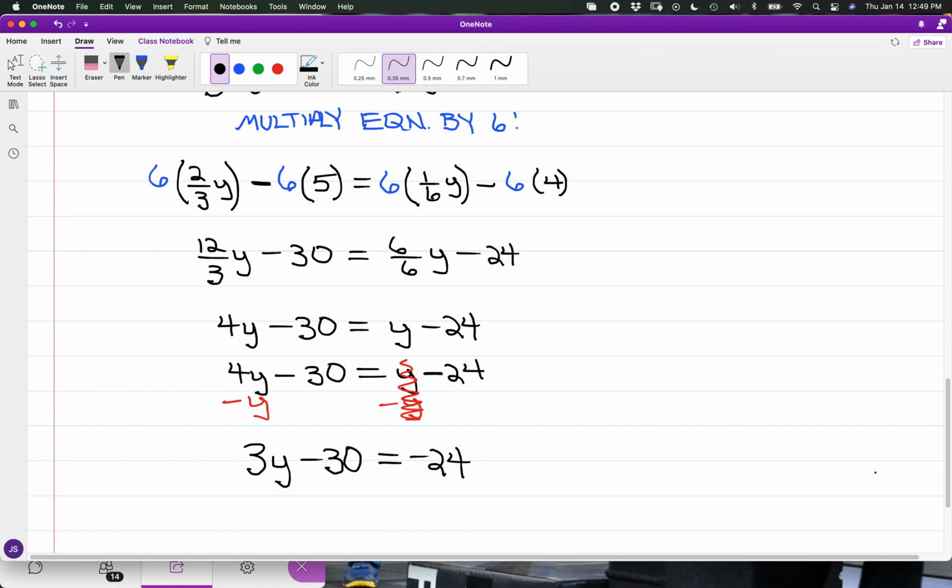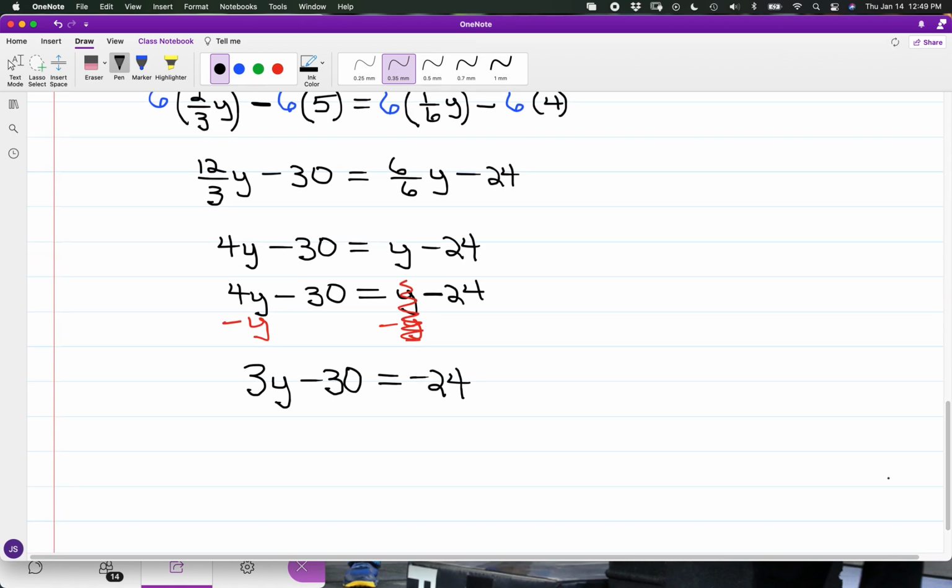Now we have just a single y term, and here we have what's referred to as a two-step linear equation. The strategy is to isolate the y term, which we now have as 3y, upon adding 30.